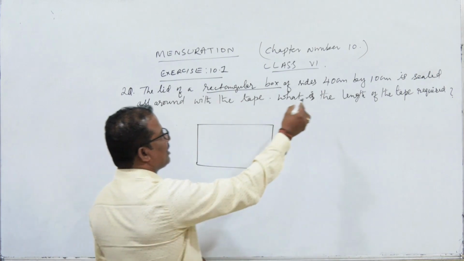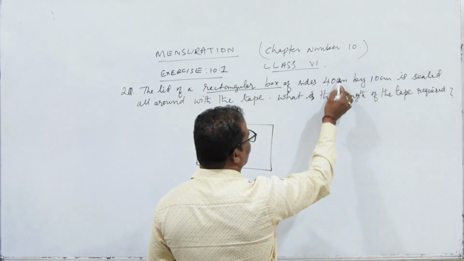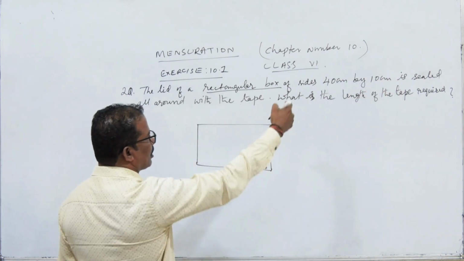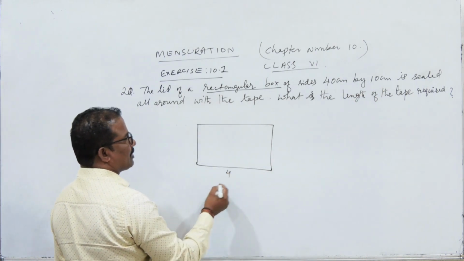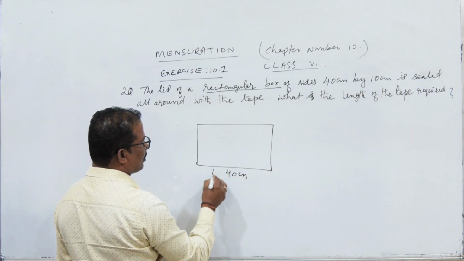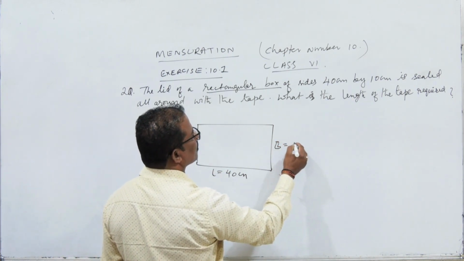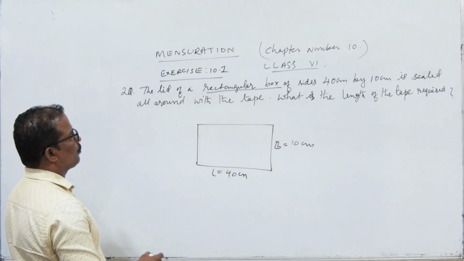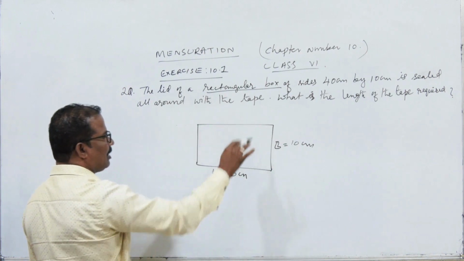So whose sides are 40 centimeter by 10 centimeter, means these are the dimensions. So for this we can say length, and for this we can say breadth, because the longer side is length and the shorter side is breadth. So in this rectangle, the length is what? 40 centimeter and the breadth is what? 10 centimeter. Understand? So we need to find the tape required to seal all around the lid.